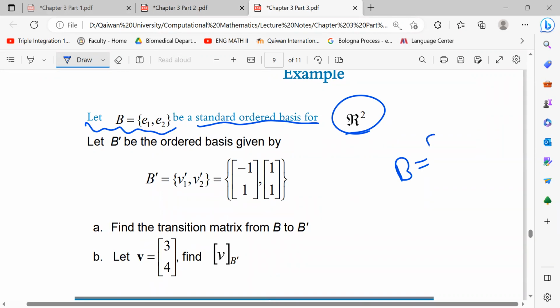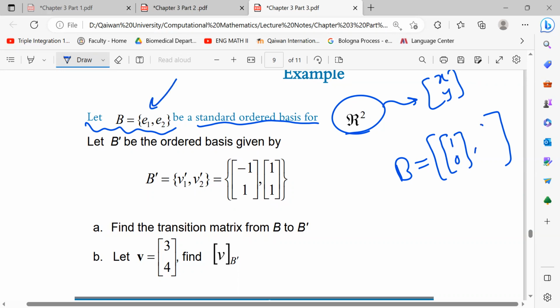In R2, we have X, Y. So what's the base for this? Here, it's E1 and E2. It's given E1 and E2. It's 1, 0, 0, 1. Okay? It's 1, 0, 0, 1. This is the standard base for R2.